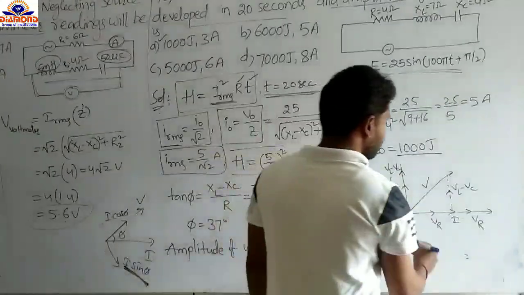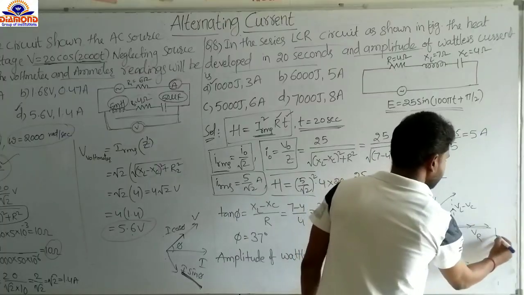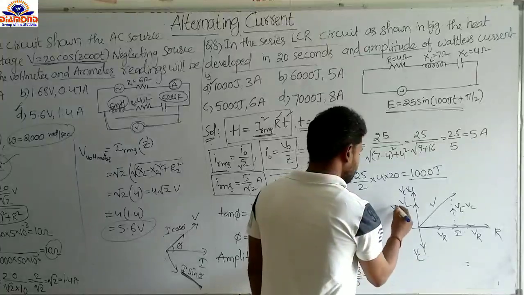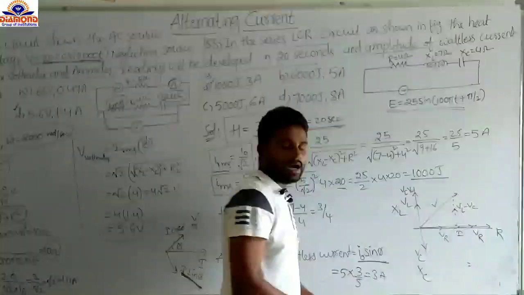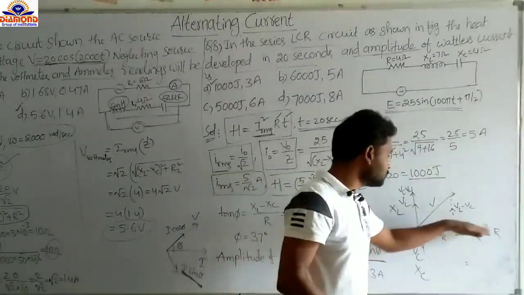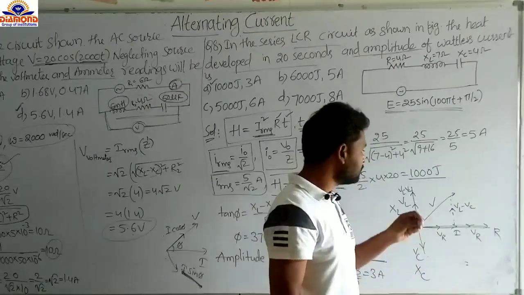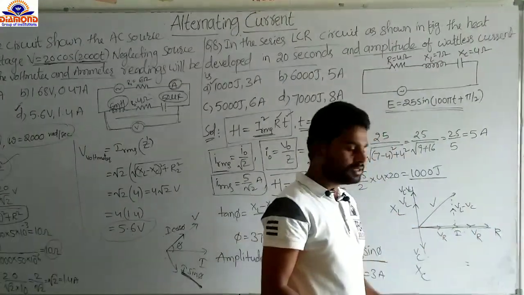See now, the phasor diagram. Resistance is in this direction, the inductive reactance in this direction, and the capacitive XC in this direction. We already discussed this. Current going through the circuit is along the x-axis, then the potential difference across the resistance is on the same axis, because the phase difference is 0.